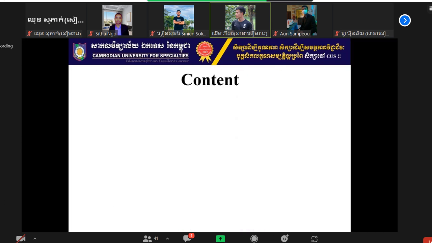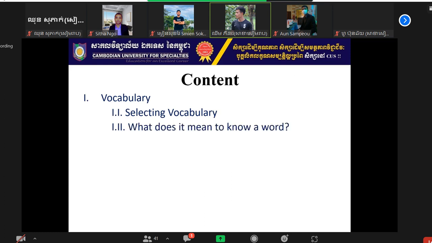Our topic is vocabulary, and the details of vocabulary are selecting vocabulary, and what it means to know a word.